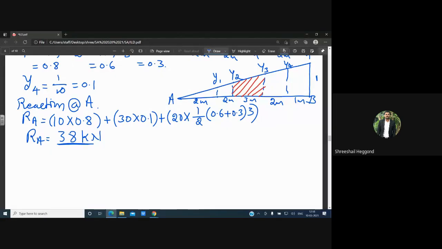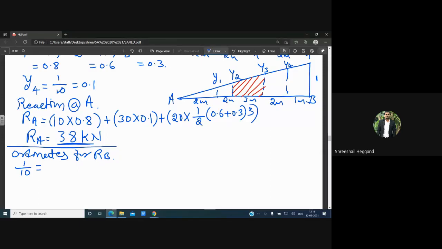Okay? And we need to calculate for the calculation of RB, that is reaction at B point. Ordinates for RB can be calculated as 1 divided by 10 for the total triangle, that is equal to the remaining ordinates.